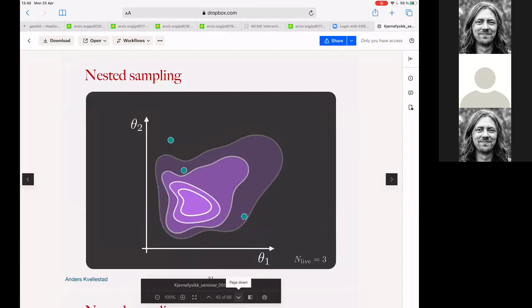You sample 3 points, the number of live points, according to the prior, and then you discard the one with the lowest likelihood, and you sample a new one with a higher likelihood, and then you discard the one with the lowest likelihood, sample a new one, etc. You see this population of points move inwards, and you keep track of all these yellow points, a set of discarded points that make up this ordered set of values.